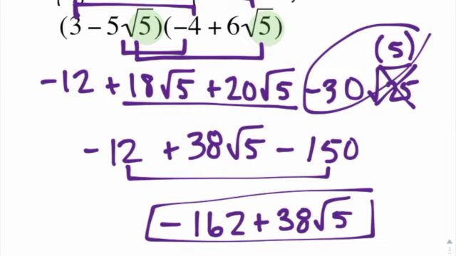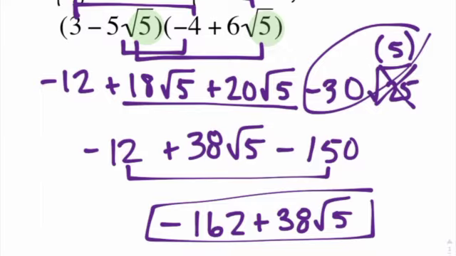And so that would be simplifying with multiplication. So again, unlike adding and subtracting, you don't actually have to simplify the radicals. You just follow your rules for multiplying binomials here, and you have to do that double distribution.